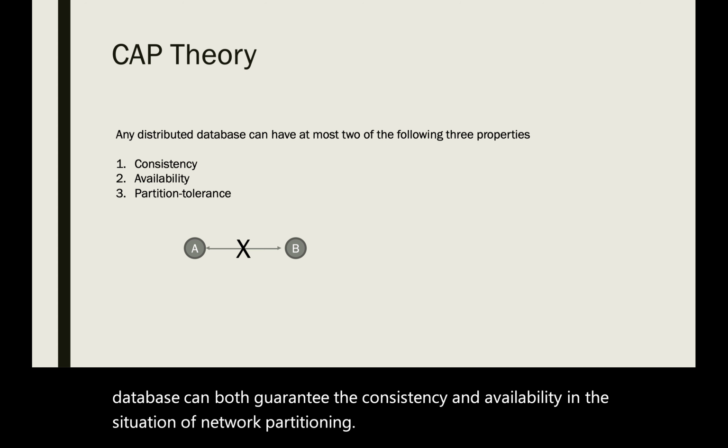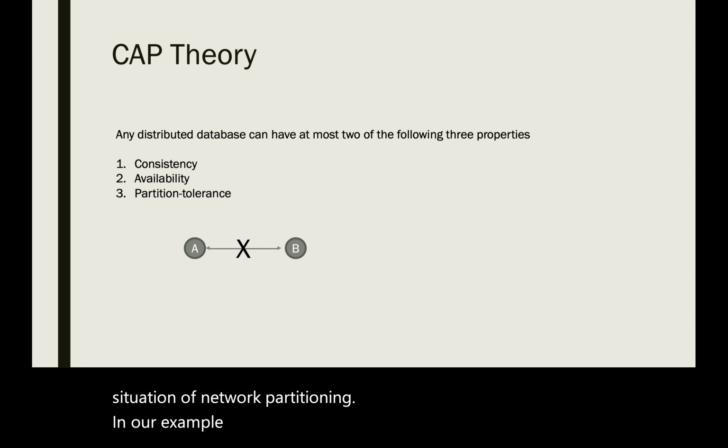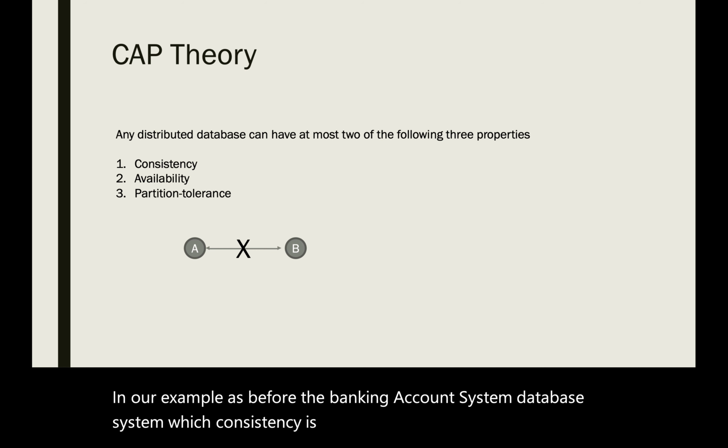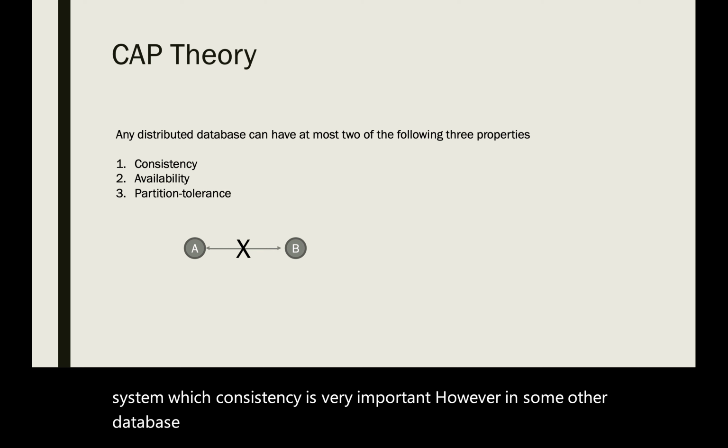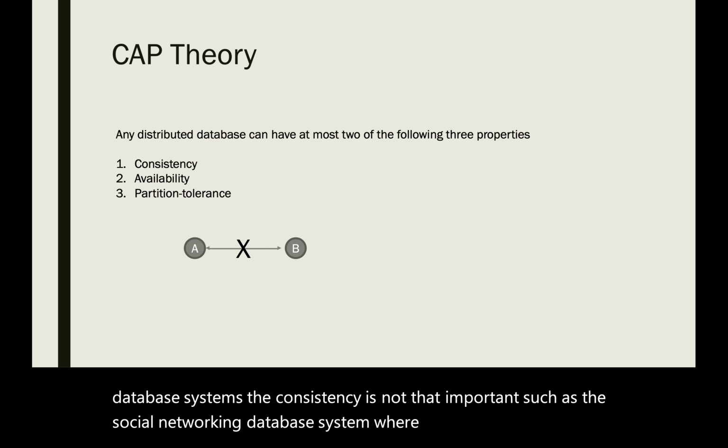In our example as before, the banking account database system, consistency is very important. However, in some other database systems, consistency is not that important, such as a social networking database system, where availability is very important.